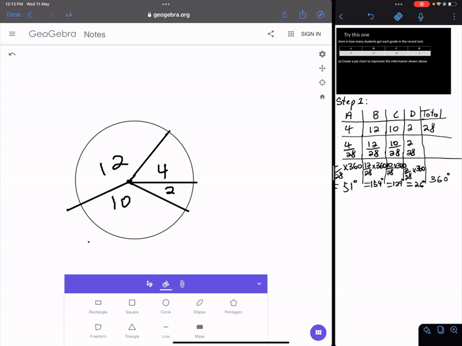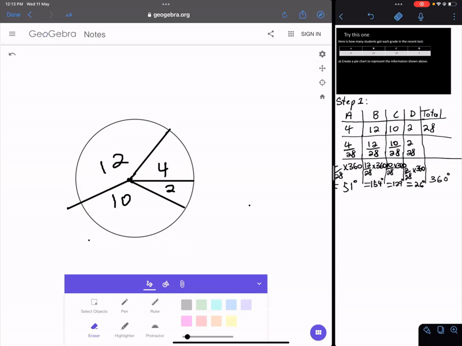And then we're just going to erase the excess of the lines that are protruding from the circle. And there we have it, our perfect pie chart, which showcases the data that we have.